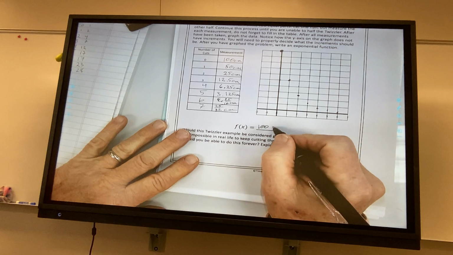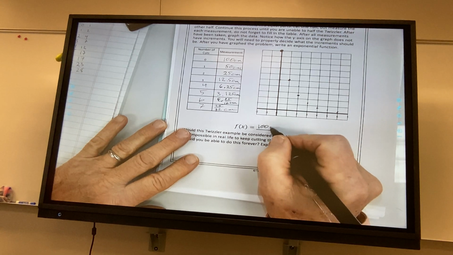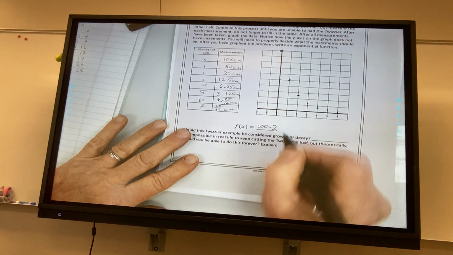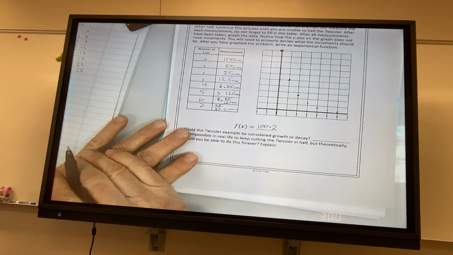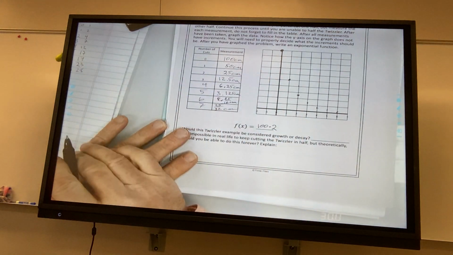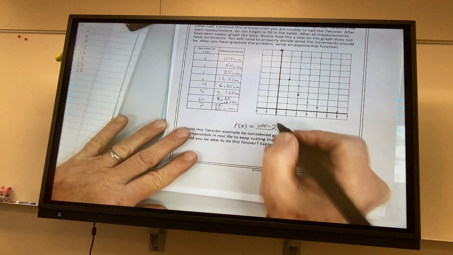Two? Want me to put a 2 here as a base? Two. So now I get 200. I can only have 100. I think it's 2. Does it have an exponent? What is the exponent? Negative x.